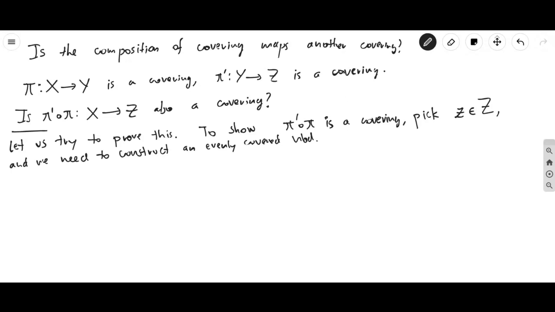That's the definition of what it means to be a covering map. I guess we skipped the part where you have to show that the composition is surjective, but that part is trivial. So we pick a point in Z, and we have to construct an evenly covered neighborhood around the point.